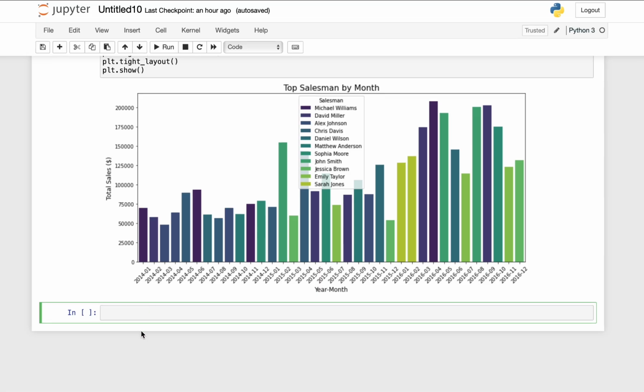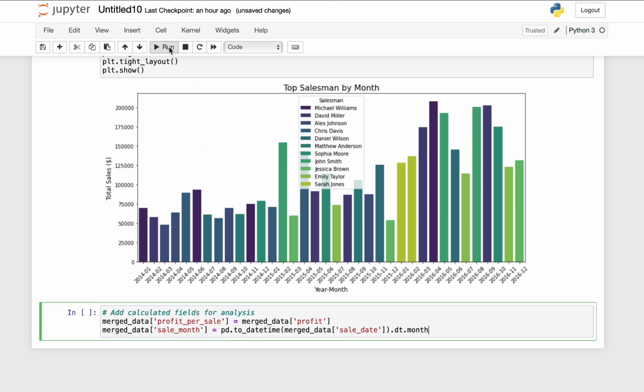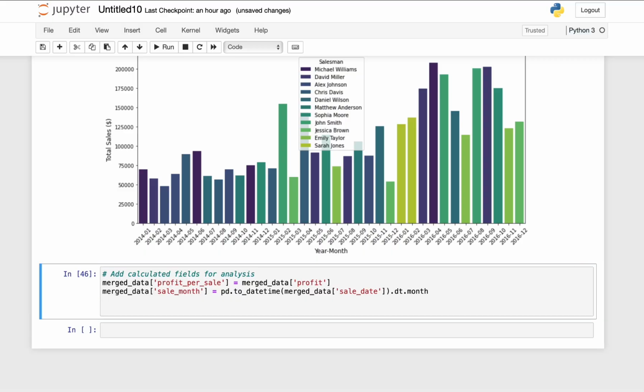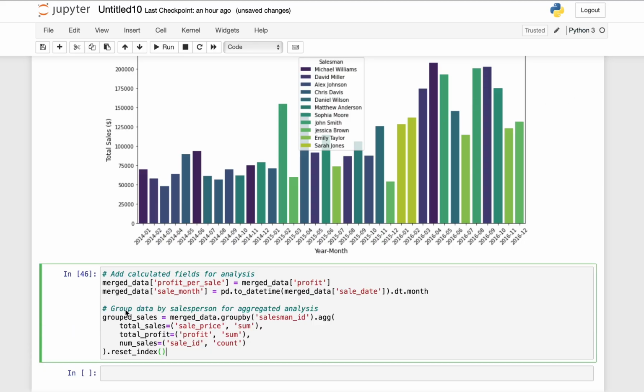So let's do another analysis. We are going to work on a correlation matrix next. So we're going to add our data. We're going to group the data by salesperson for aggregated analysis.